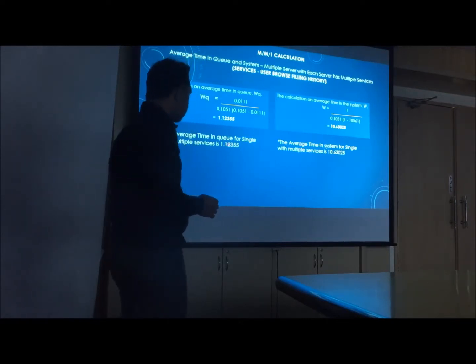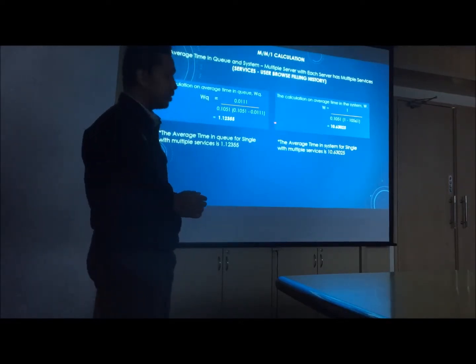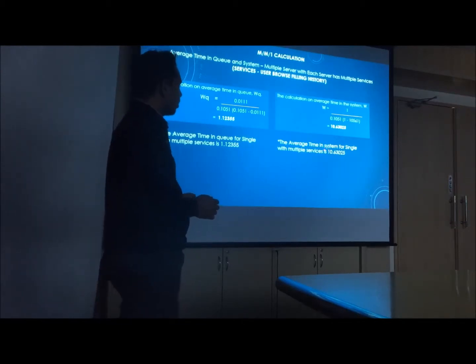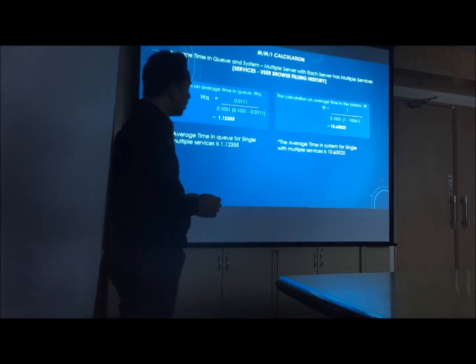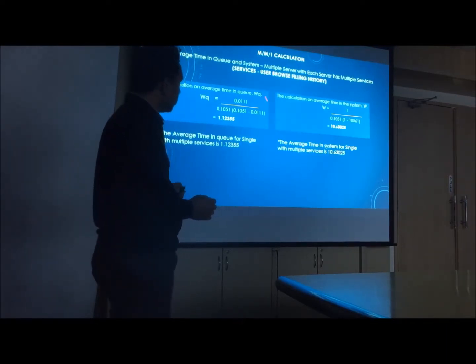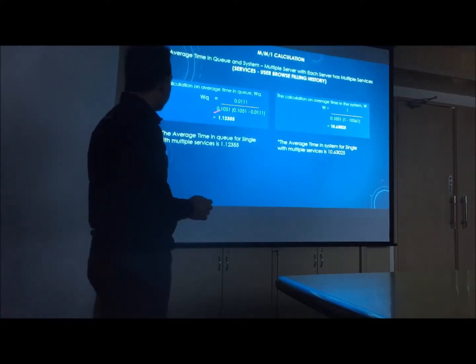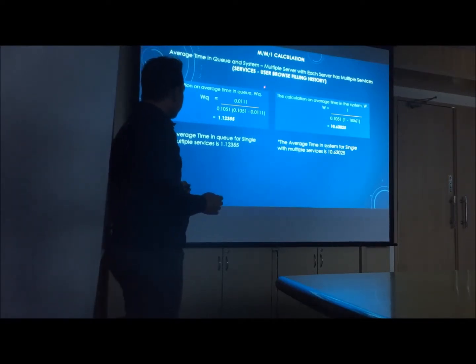So the average time in queue for the single server with multiple services for the user browse file history is 1.12355, and the average time in system is 10.63025 for the user browse file history. So these two values represent the average time for the user.